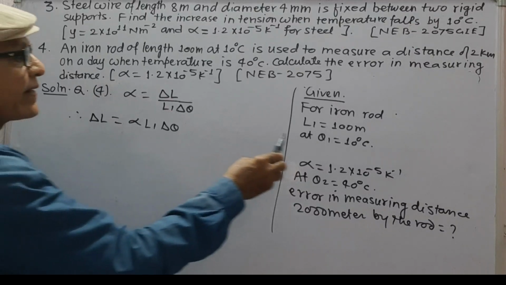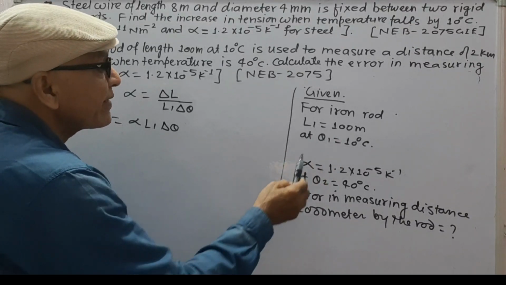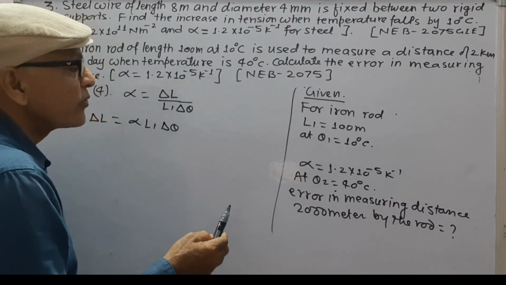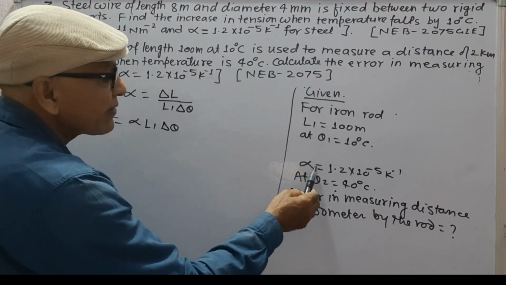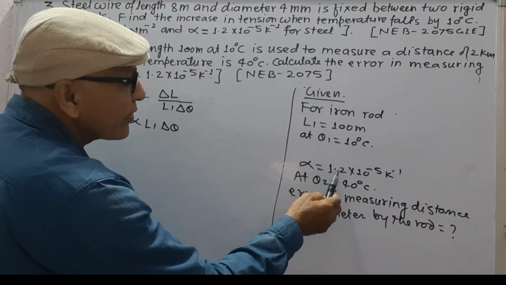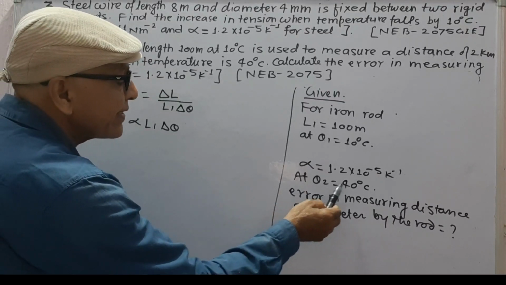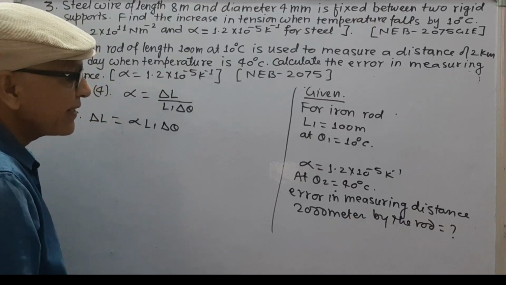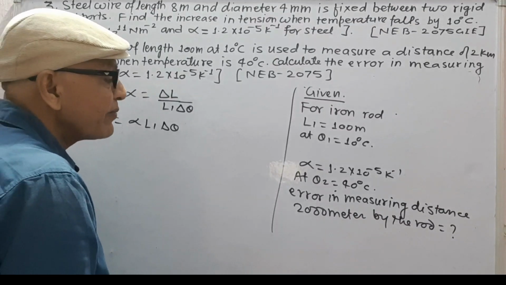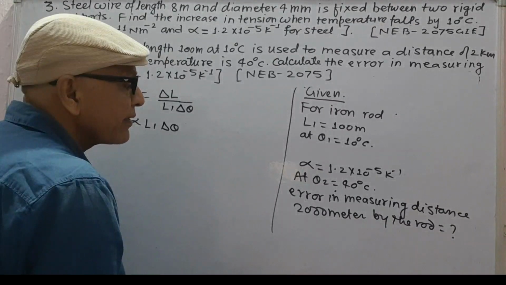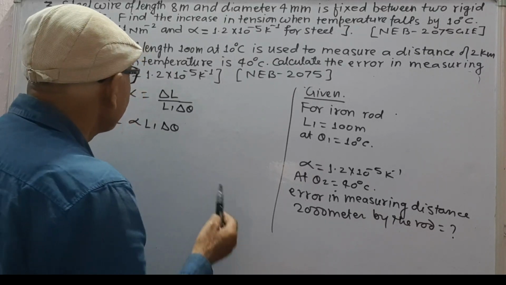Given for iron rod, L1 is equal to 100 meter at theta 1 is equal to 10 degrees Celsius. Linear expansivity alpha is equal to 1.2 into 10 to minus 5 per Kelvin. At temperature theta 2 is equal to 40 degrees Celsius. Error in the measurement of distance 2000 meter by the rod is what?